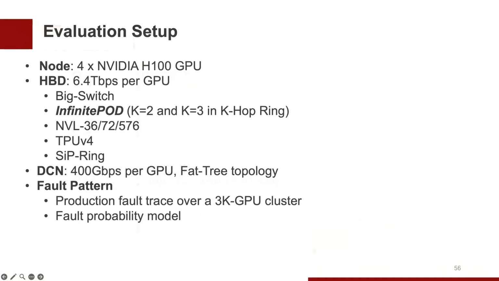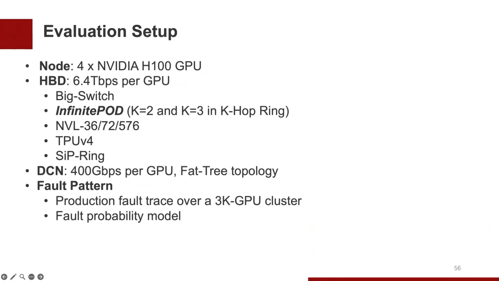Our evaluation has been done on 4-node H100 GPUs, and we tested all existing representative HBD architectures. We also used a fault trace from production with a 3K GPU cluster, and we modeled different fault probabilities to test our design.